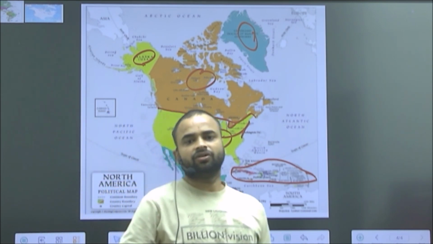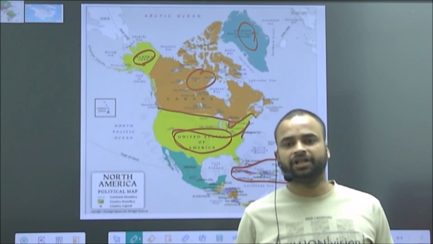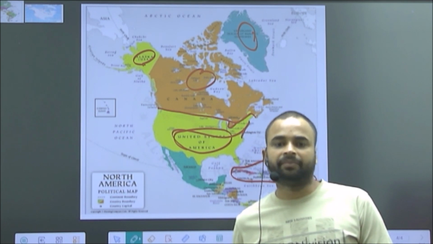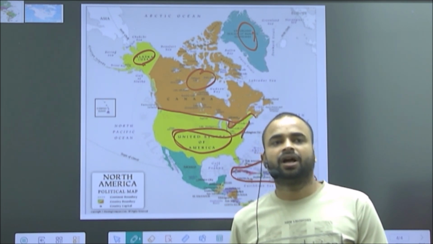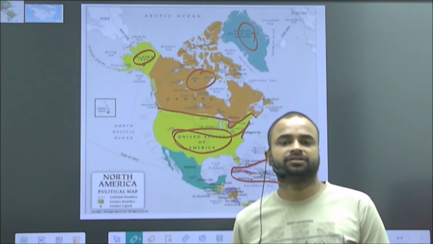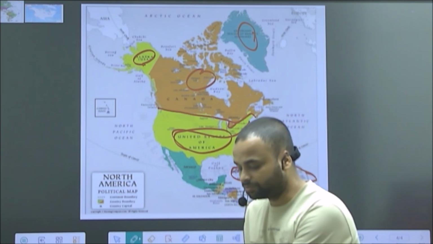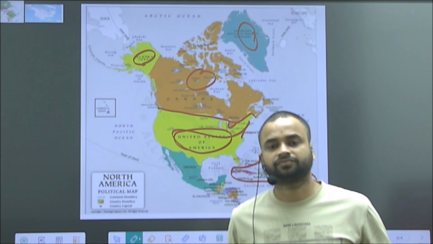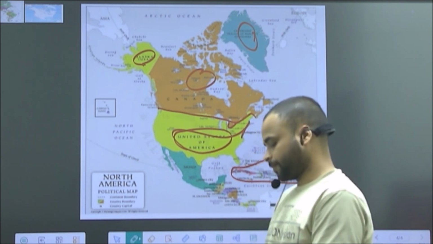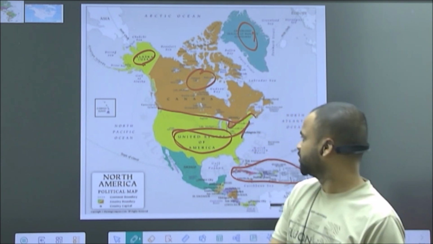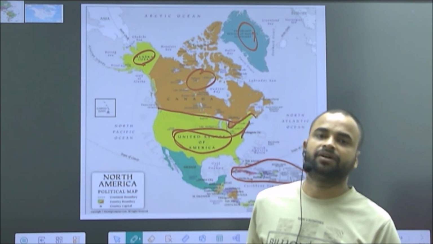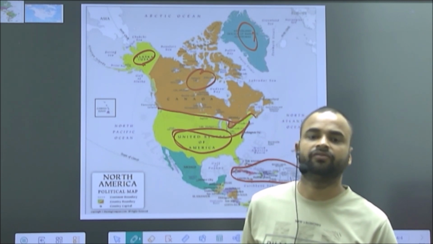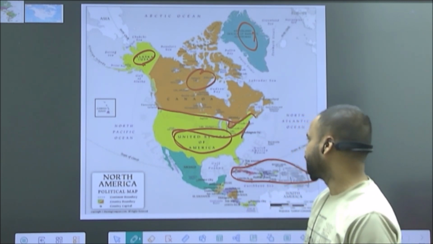Canada is called the land of lilies, land of maples. Lily is one type of flower, and maple is one type of tree. This question has been asked in an exam, which country is known as the land of lilies, so you have to remember it.